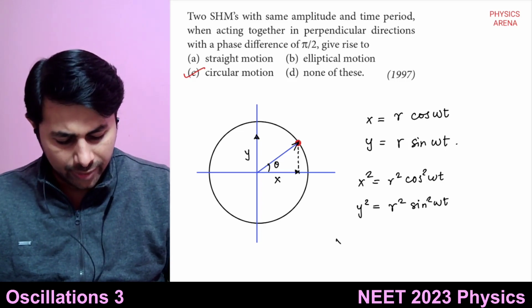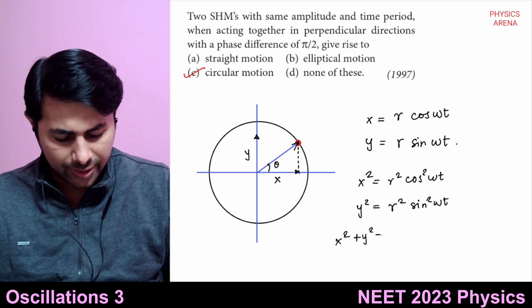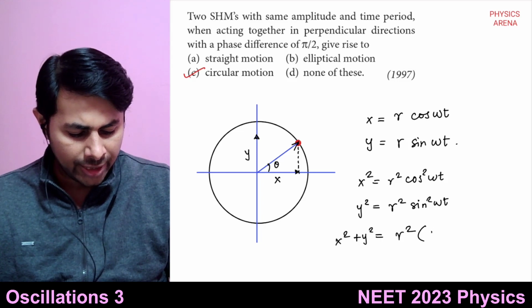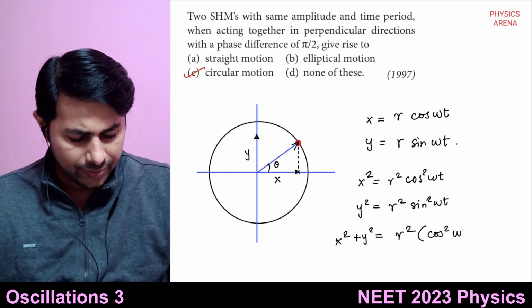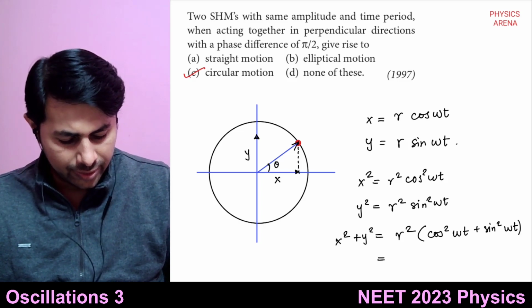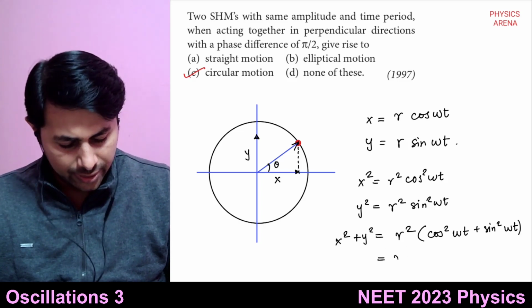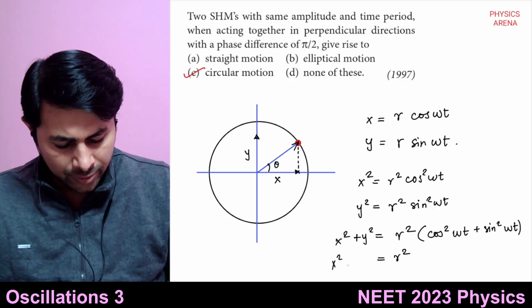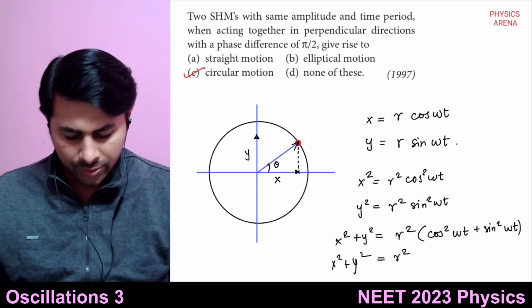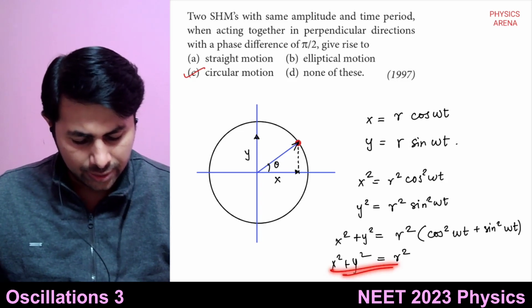If we add them, x square plus y square is equal to r square common, cos square omega t plus sine square omega t. That's one. So x square plus y square is equal to r square. So this is a circle.